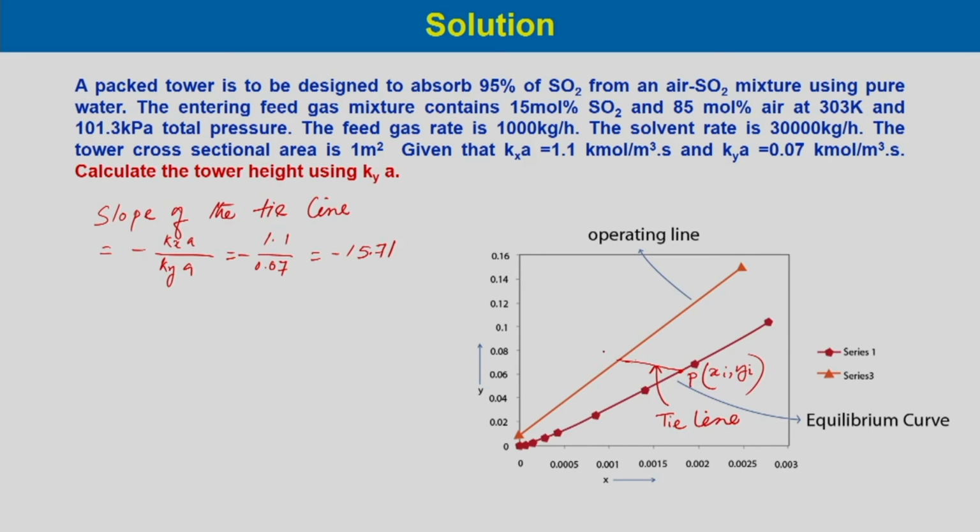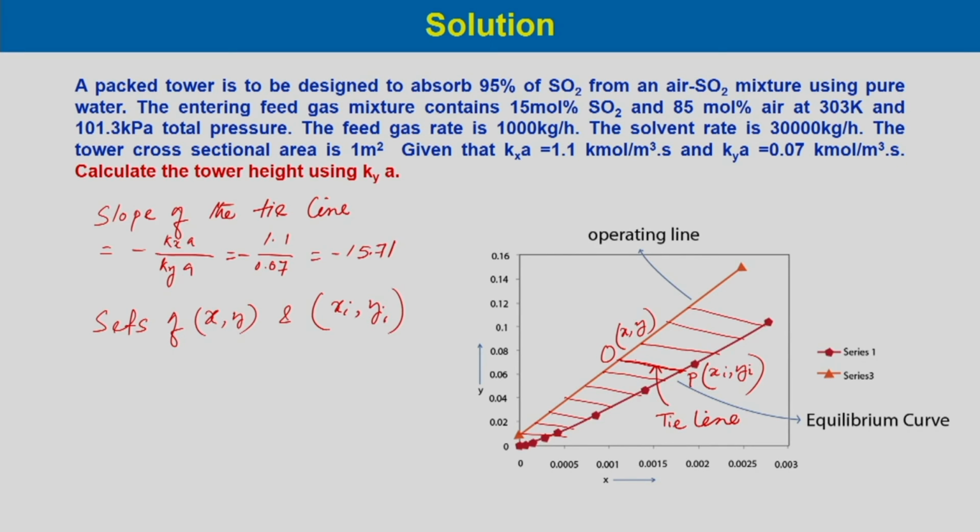So, this is point, say, O with x and y. If these are parallel straight lines with this slope, we can draw several tie lines parallel to this one. From this, we will have sets of x, y and xi, yi.